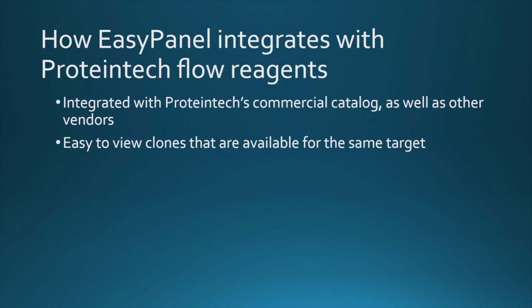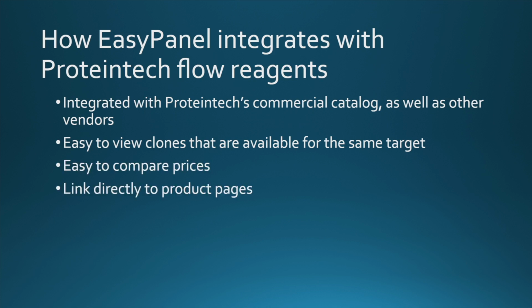And again, you'll see these tables showing you the commercial availability of the different products at Proteintech and other places, as well as their prices, the price per unit, and so on and so forth. So with that, I'll be moving along and going through the actual demo of the tool.